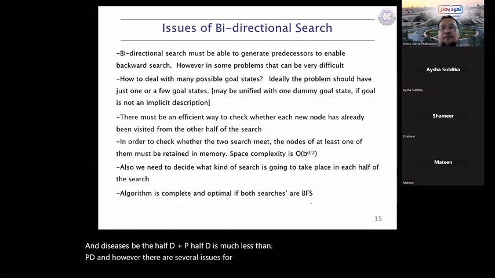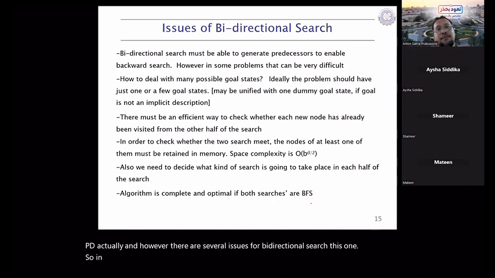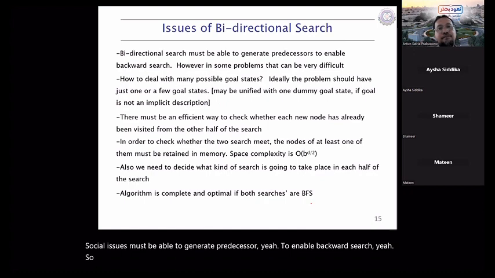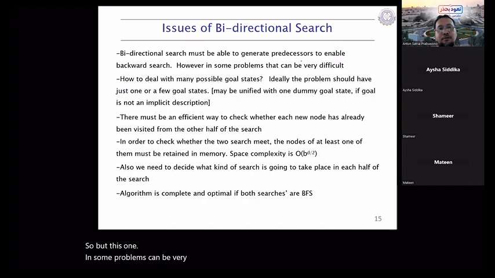In bidirectional search, issues include: we must be able to generate predecessors to enable backward search, but in some problems this can be very difficult. And we must deal with the possible goal states.